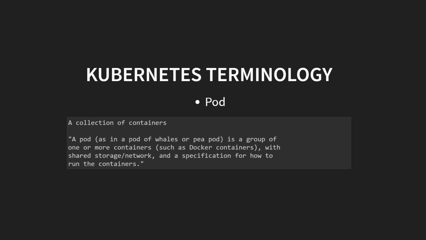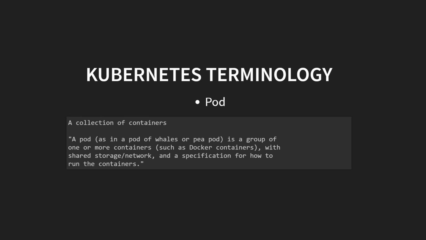However, before we go on to that, there's a couple of Kubernetes terms that we should be familiar with. The smallest unit that Kubernetes has is a pod. And that's basically a collection of containers that share storage, network, and a specification of how to run those containers.